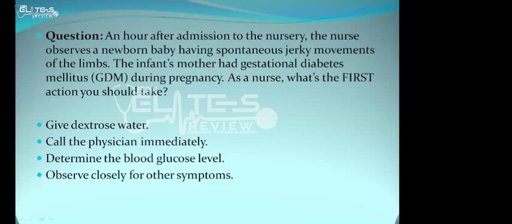If you've never learned anything about diabetes, how can you even relate this form of diabetes to the jerky movement? So at least if you've learned something about diabetes, you can suspect, even if you're not sure, something happening here in relation to the diabetes. Then they ask you as a nurse, what's the first action you will take? So before we even look at the answer, can someone try?